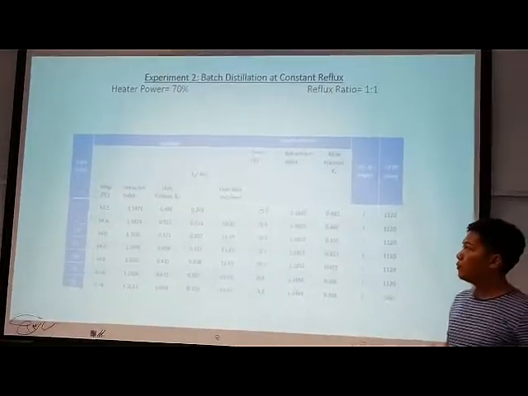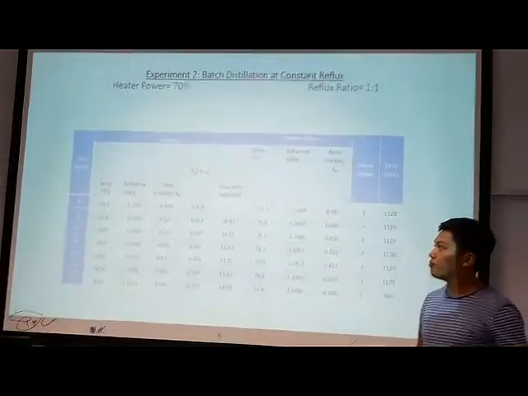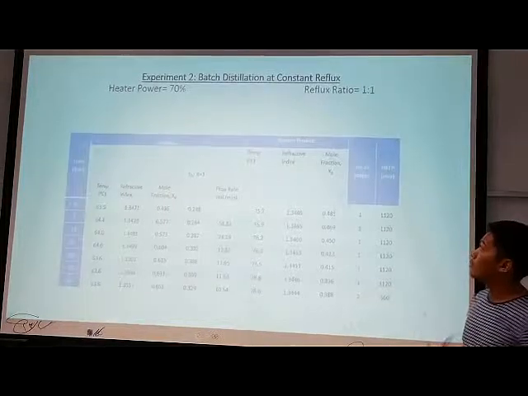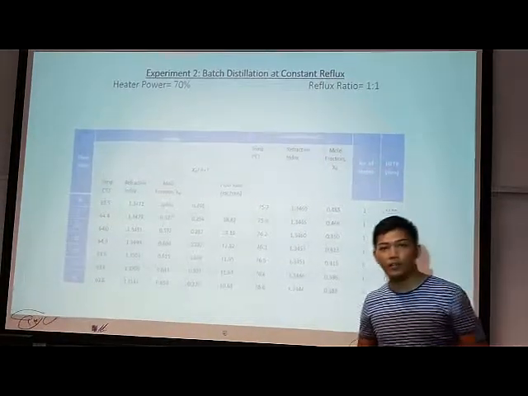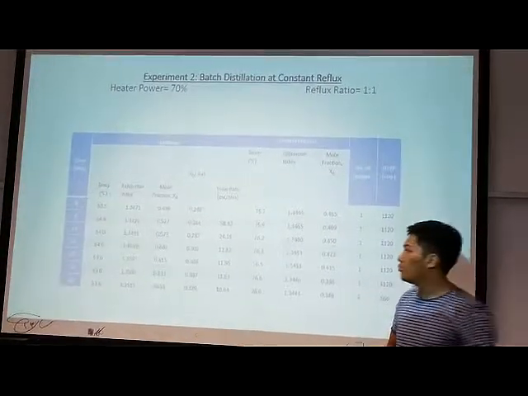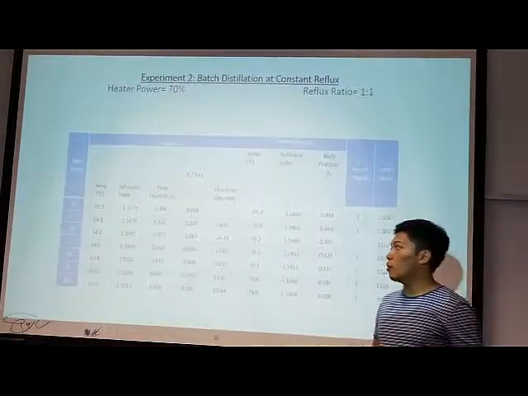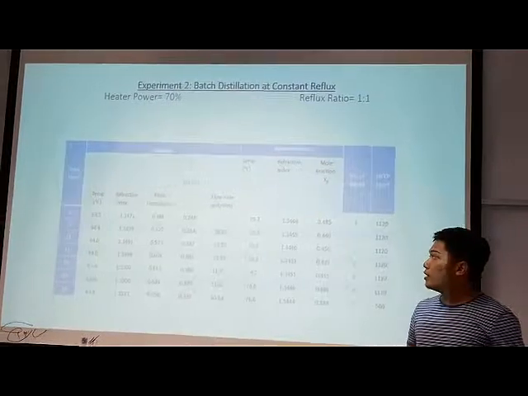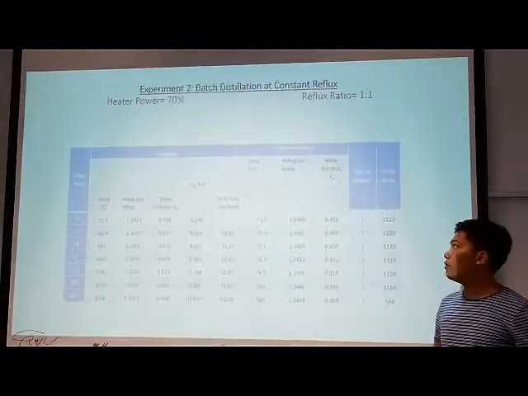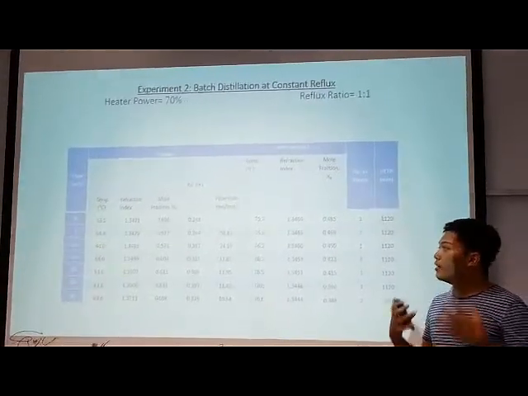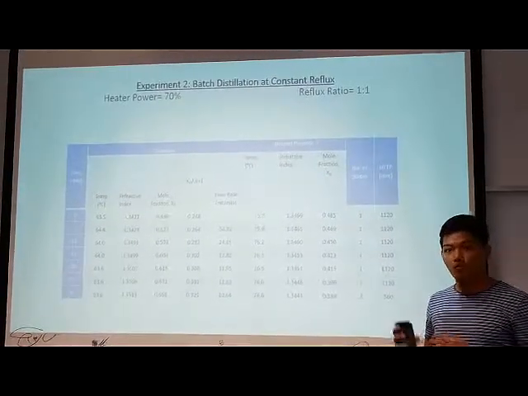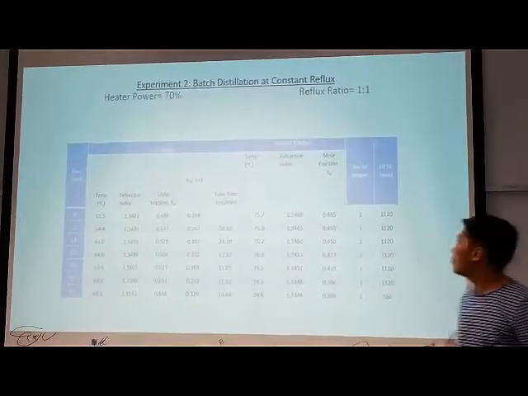For experiment 2, we are doing the distillation at constant reflux with heater power 70%. The refractive index as well as the mole fraction of the distillate is increasing, and the refractive index and mole fraction for the bottom product is decreasing.